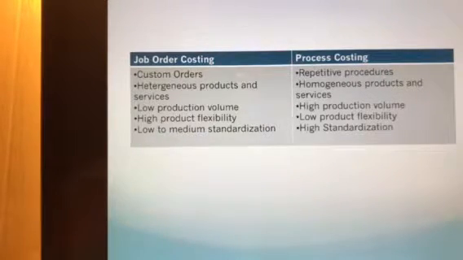A key feature of process operations is the high level of standardization needed if the system is to produce large volumes of products. Thus, process operations uses a standardized process to make similar products, whereas job order operations use a customized process to make unique products.